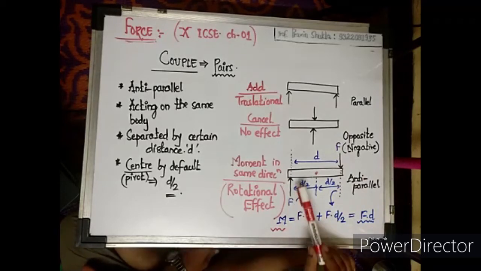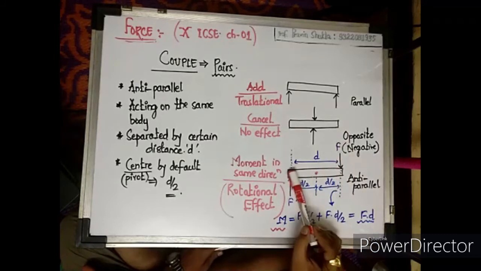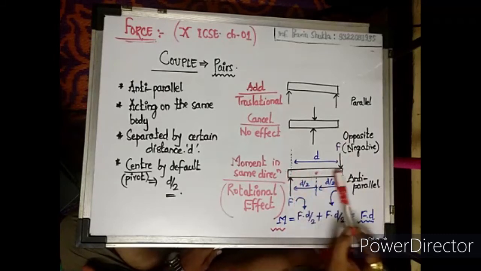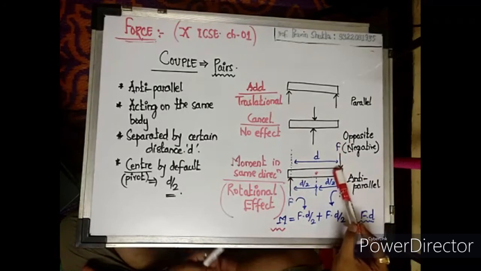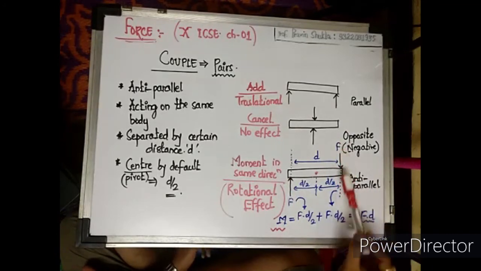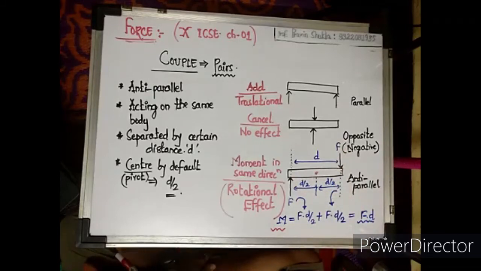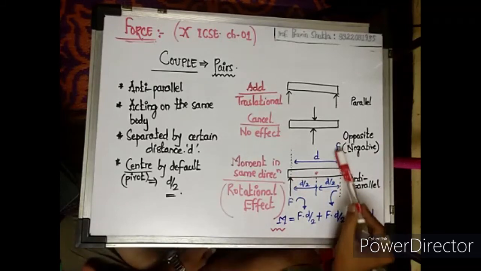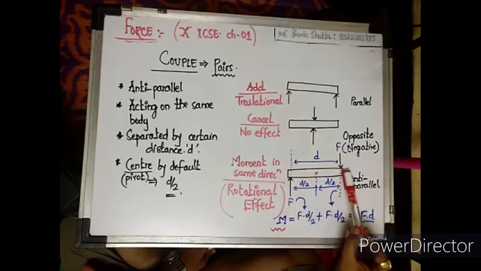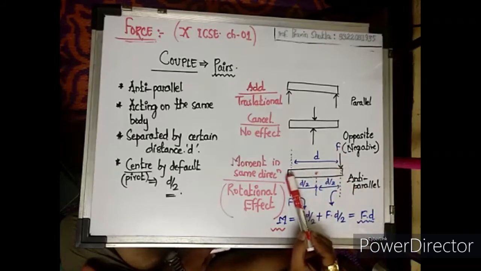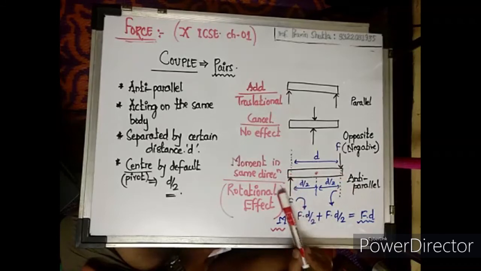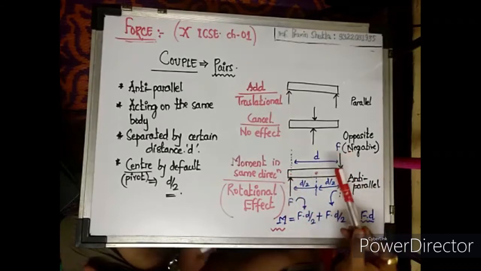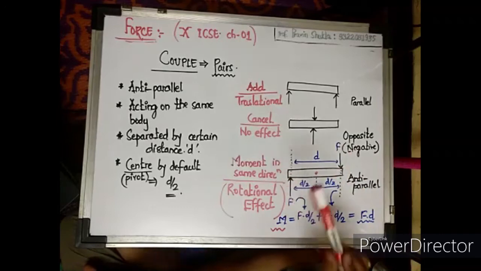If I fix the pivot over here, the distance is 1 meter, and I straight away apply a force of 5 Newton over here, the resulting moment will be 5 into 1 meter, so 5 Newton meter, right? A single force of 5 Newton at a distance of 1 meter, pivoted at this point, creates a moment of 5 Newton meter, and here two forces combined create the effect of 5 Newton meter. So tell me which is better.